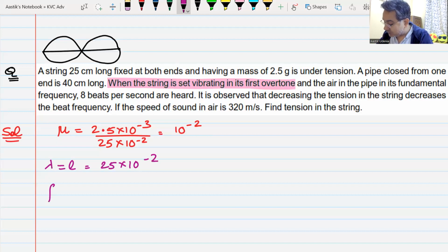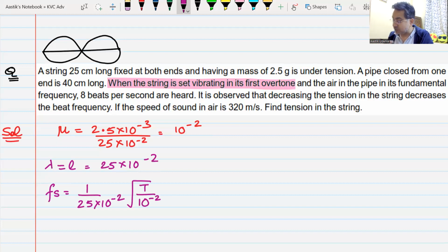So I can write the frequency of the string as 1 by 25 into 10 raised to the power minus 2 into root over T by 10 raised to the power of minus 2. Yes or no? Yes, sir.